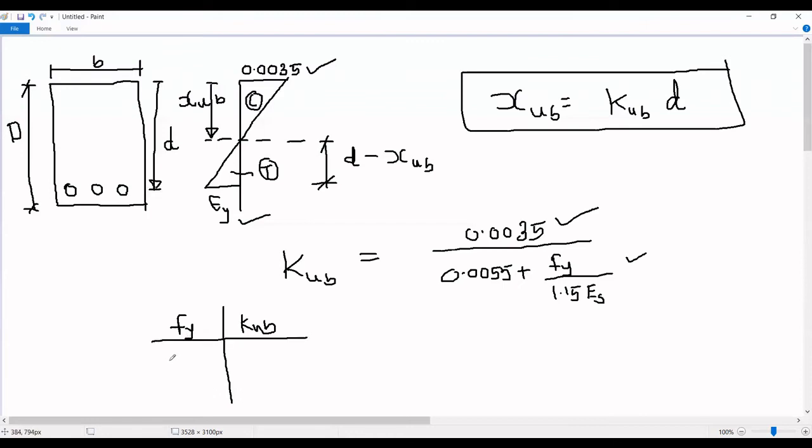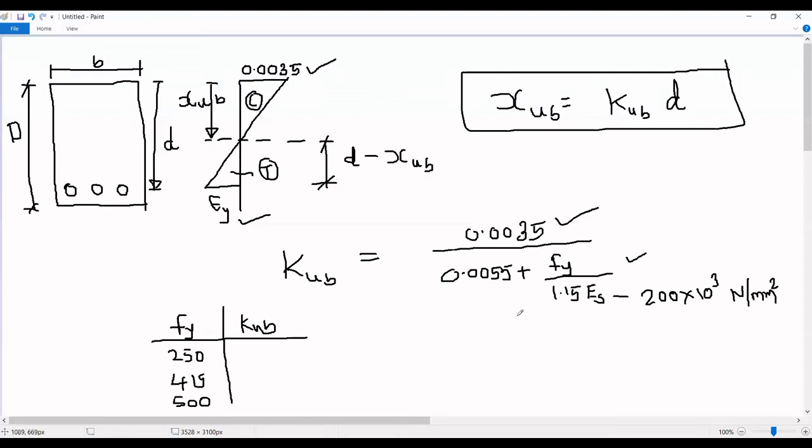So let me write down the grades of steel. First grade is Fe 250, then steel of grade Fe 415, and then Fe 500. The value of ES, as I said, is 200 into 10 power 3 MPa, Newton per mm square.